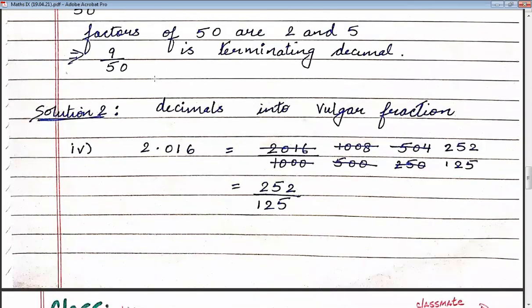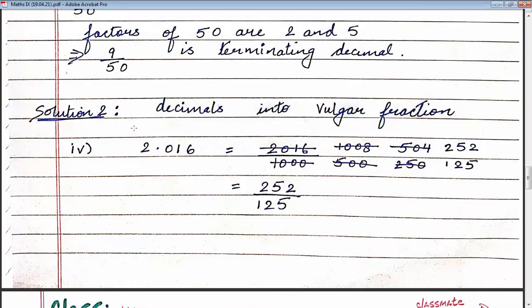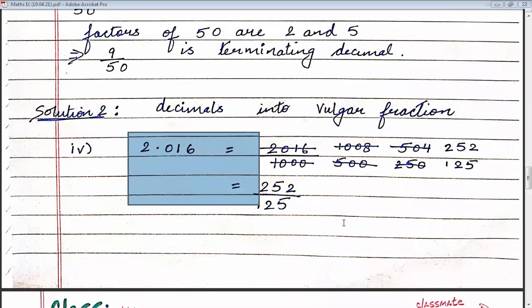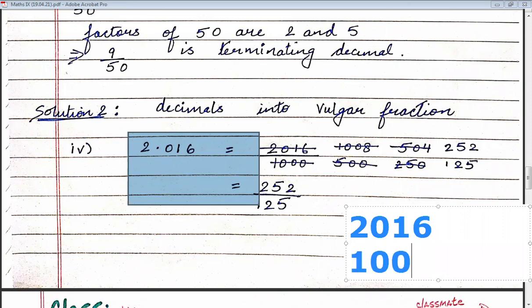Now, children, here the decimal is given to you, and you have to convert this into vulgar fraction. Okay, so now let's have a look. Your first one is 2.016. So now, children, you have to remove the decimal, and it will become 2016 divided by 1000.